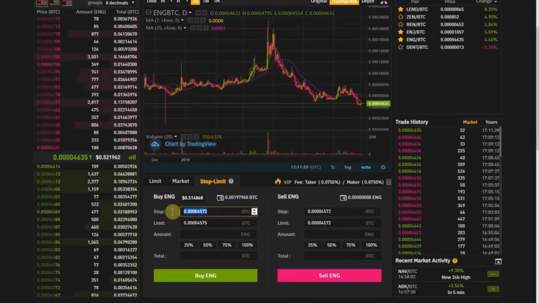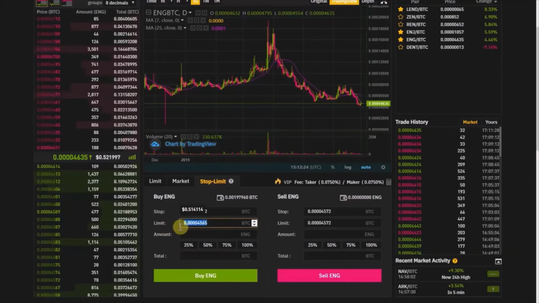So if there's any market order at this price, 4572, a limit order would be placed in the market for this price. Or you can go down and say, if it gets to this level, add one limit order a little bit below so I can get an even lower price.